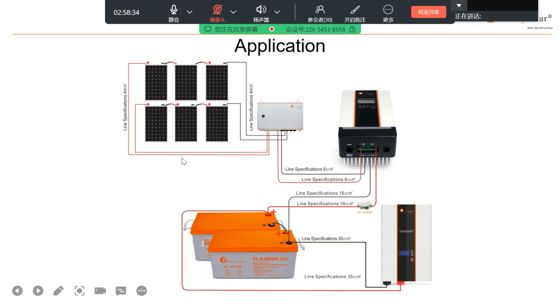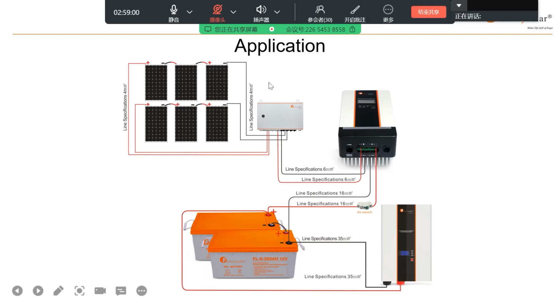And this is an application. As I said, you can see this is IVPS, and here you can use the MPPT to extend the charging ability of this system. If you don't have this one, you can only use the utility to charge the battery, but if you use MPPT, you can charge the battery group.